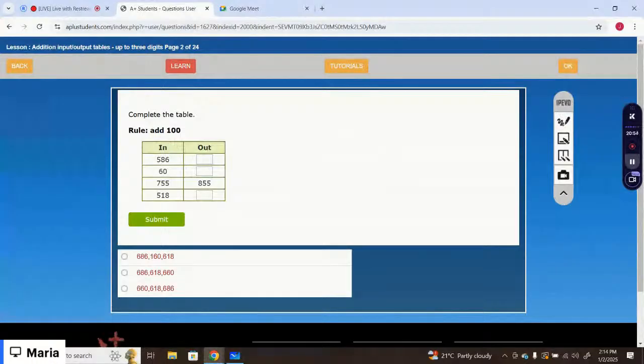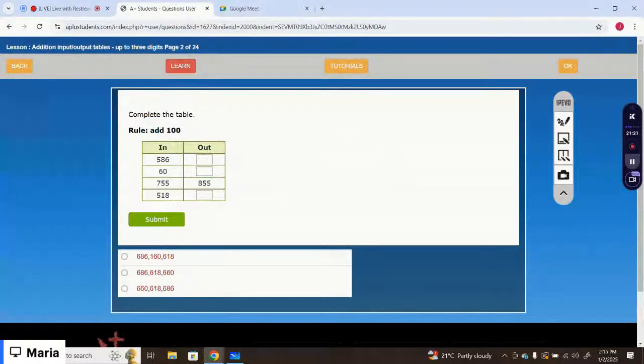Complete the table. So which is the correct option? The correct option is complete a table.